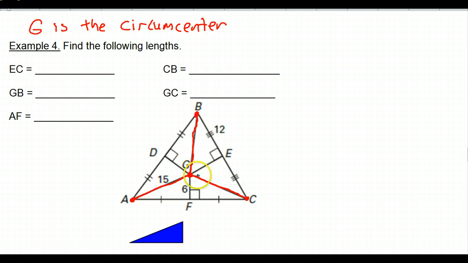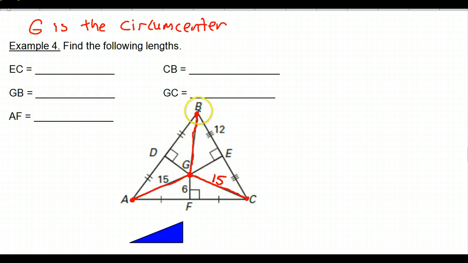That means right now you should be able to tell me the length of segment GC. Because if I know one of these 3, I should know all of them. So how long is GC, you guys? Hopefully you were saying that GC was going to be 15. How did I know that? Because AG is 15, so that means all of them are 15.